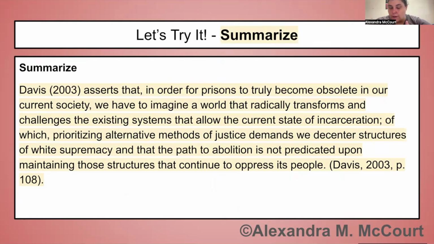Davis, 2003, and there's my narrative citation there, asserts that in order for prisons to truly become obsolete in our current society, we have to imagine a world that radically transforms and challenges the existing systems that allow the current state of incarceration, of which prioritizing alternative methods of justice demands we decenter structures of white supremacy, and that the path to abolition is not predicated upon maintaining those structures that continue to oppress its people. And then I have my in-text citation here, Davis, 2003, page 108.